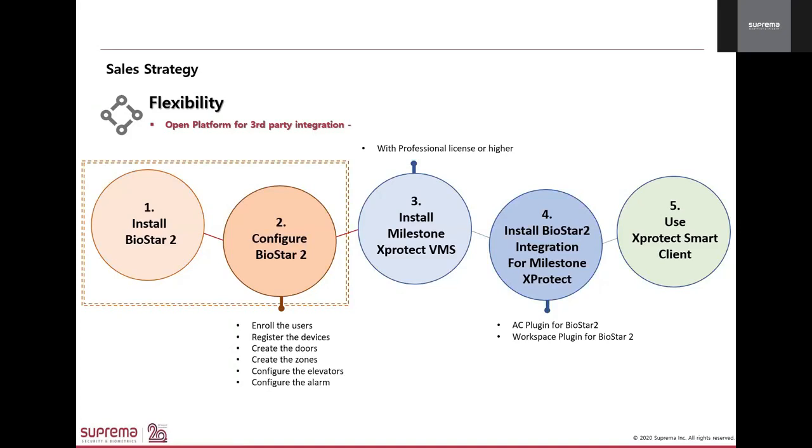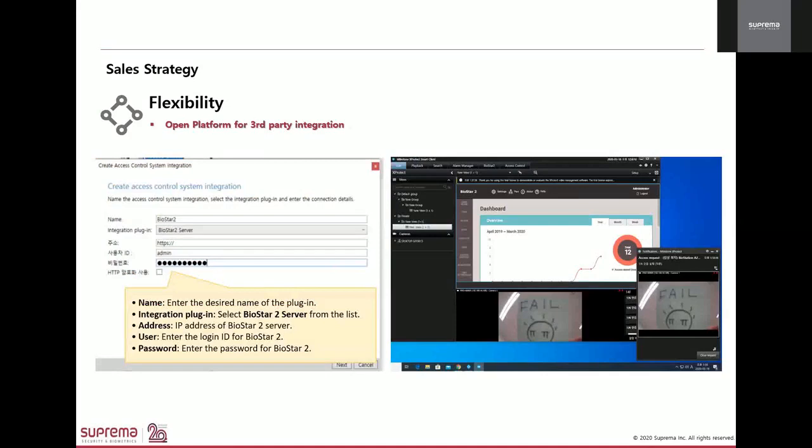Then you can use the XProtect Smart Client to see how it looks. If you look carefully, you're seeing our BioStar system within the Milestone software. All you have to do is select the BioStar 2 server under the integration plugin, and then enter your name and the IP address of the server.